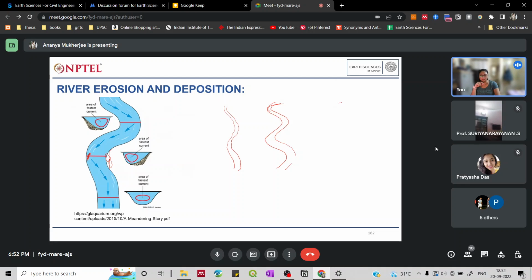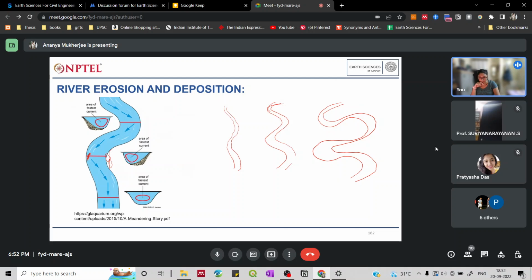So when it becomes too sinuous, slowly this part becomes very thin. This part will also become thin. It cannot erode anymore, it cannot deposit anymore.